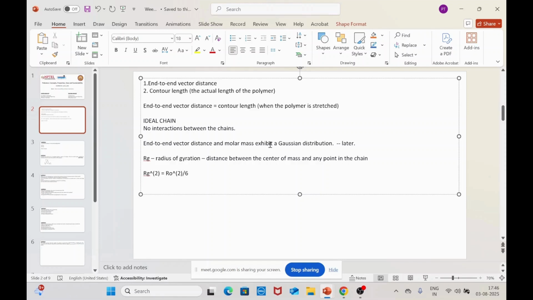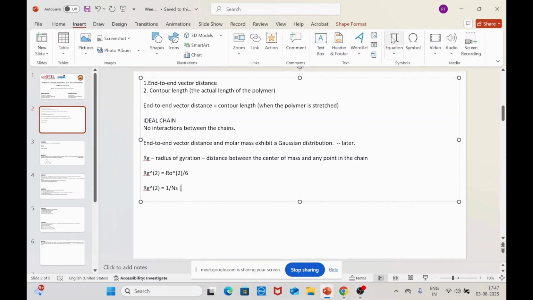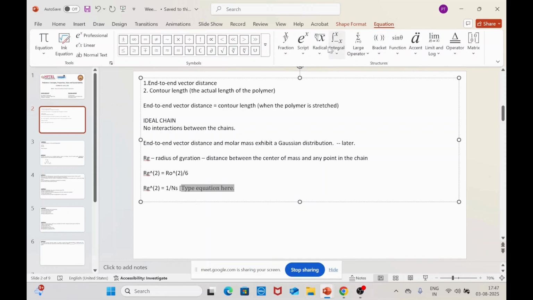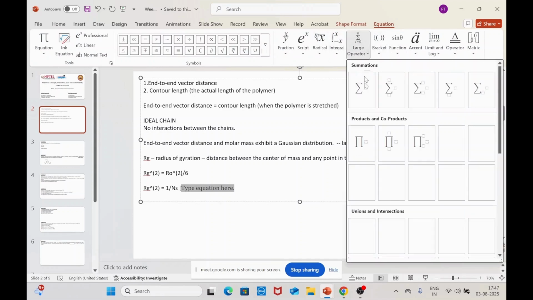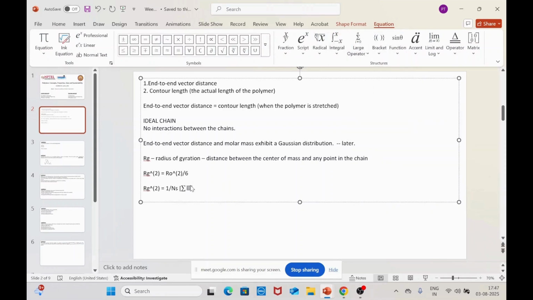This RG square is typically defined as 1 by N, the sum of the squared distances Ri minus Rc.